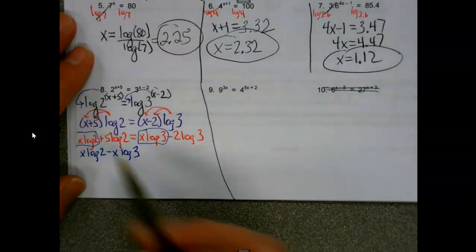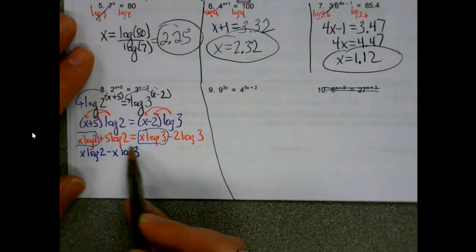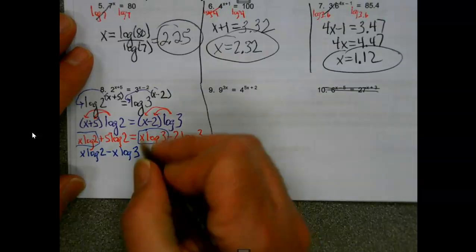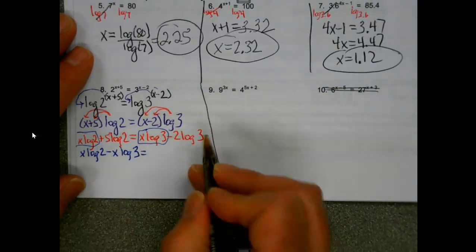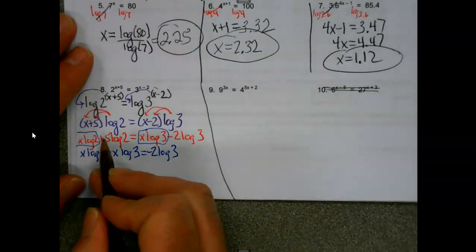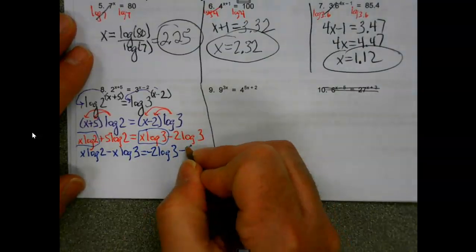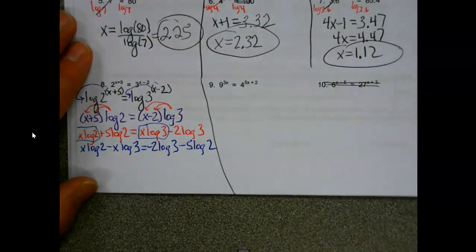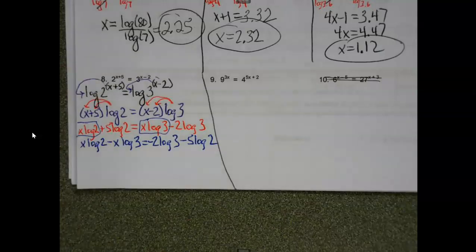So this moved over, and this 5 log 2 gets to go to the other side where it's just the numbers. So over here, when I subtracted that over, I add negative 2 log of 3, and this is coming over with it. You're like, Hardy, this is not fair to do on the first day of the week. I know, but we're almost there.